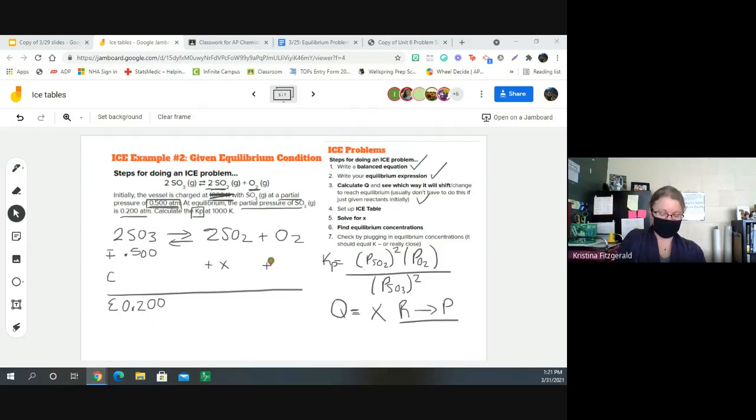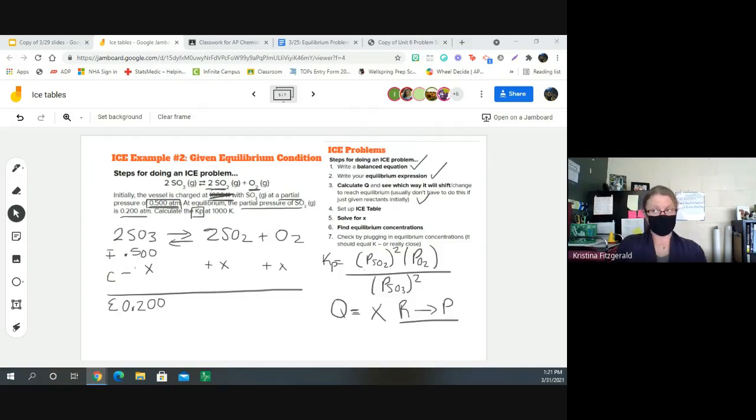I'm going to eventually add a certain amount of O2. I just need to figure out what that amount is. I also know I'm going to take away a certain amount on this side to make the reaction happen. We always lose reactants, we make products.